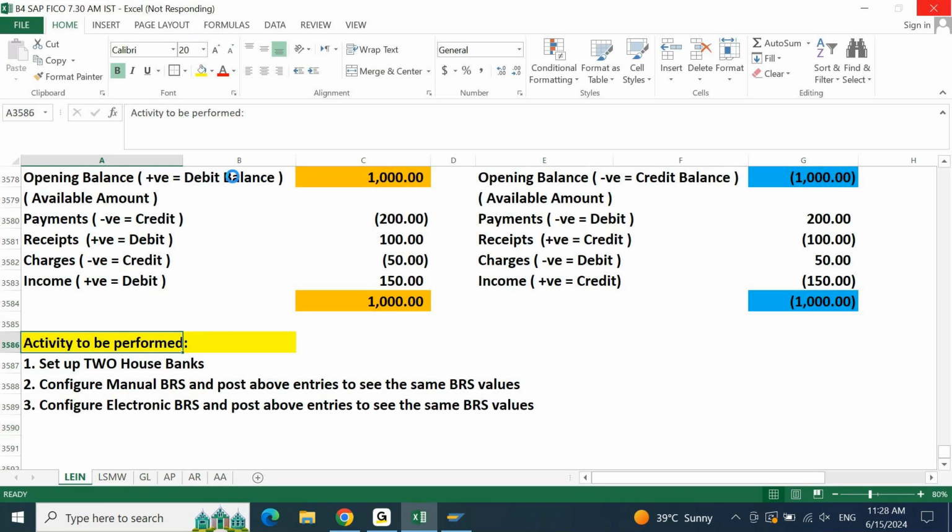Once the recording is ready, I will share the Excel sheet immediately. Go through the points in this Excel sheet, whatever we have done. At 3 o'clock sharp, I'm going to do the configuration for EBRS and for manual BRS. I'll bring both of the statement balances, the same figures, from SAP EBS plus SAP MBS. Then we will conclude that this is how configuration is to be done.